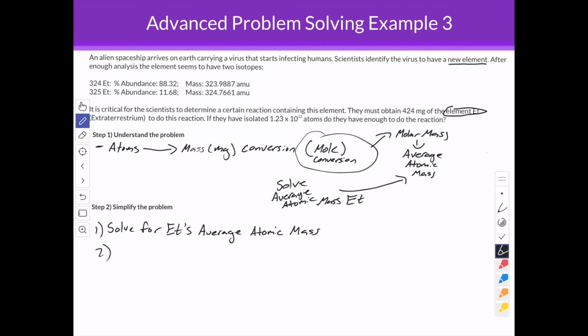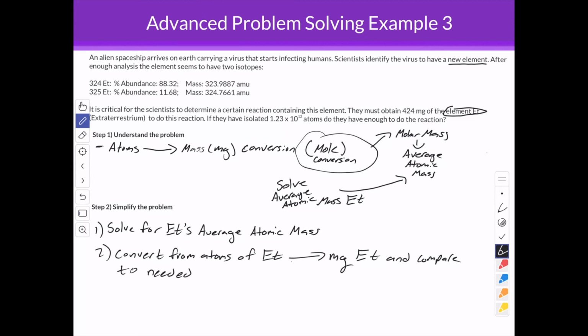In step 2, convert from atoms of ET to milligrams of ET and compare to the needed amount of ET to see if they can save the world. This is a crazy problem.